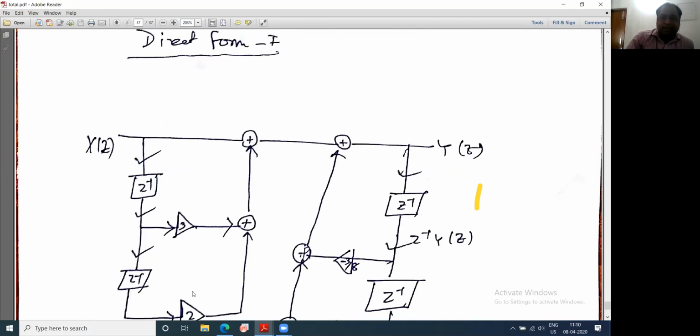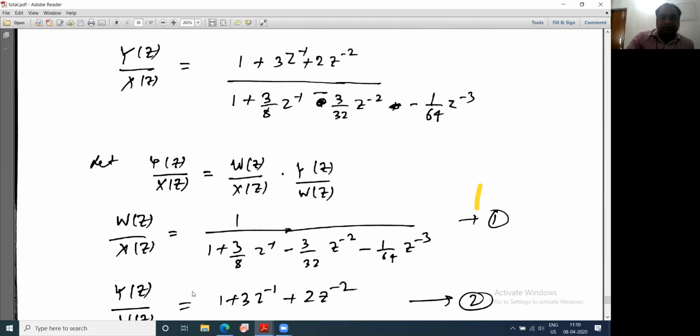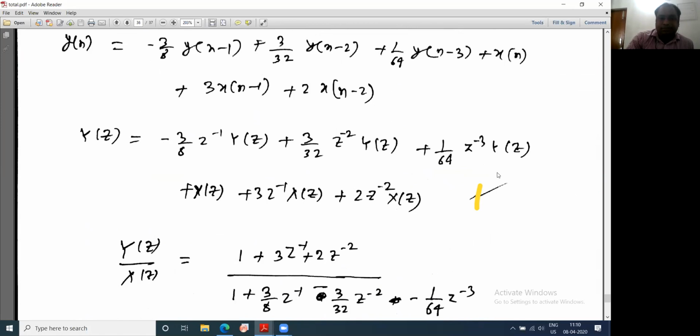Okay, and on the output side, this is the thing you have to realize: z inverse Y(z), z power minus 2 Y(z), z power minus 3 Y(z), multiplied by 1 by 64, 3 by 32, and minus 3 by 8 respectively.